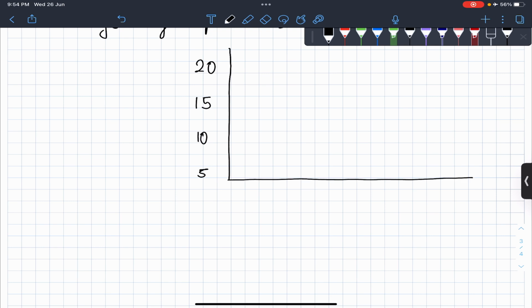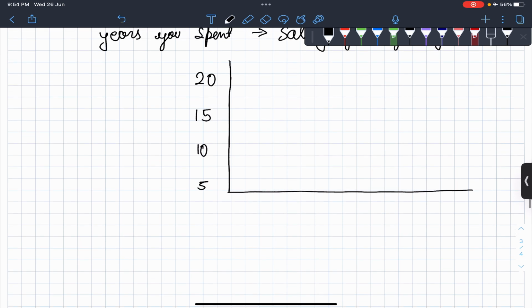If we see it graphically, it shows a linear relationship between the years you spent and the salary you are getting.